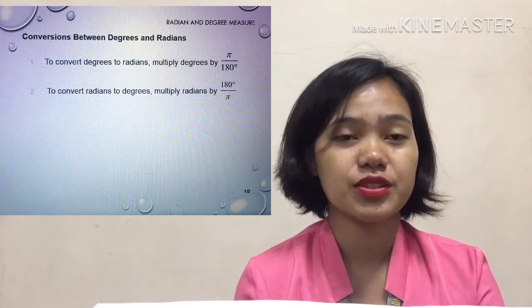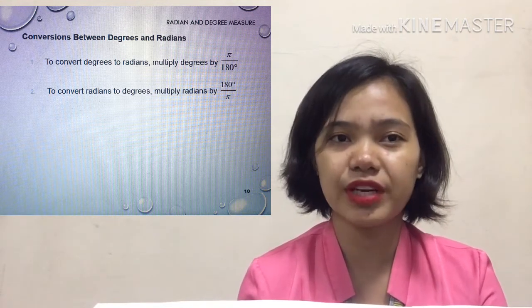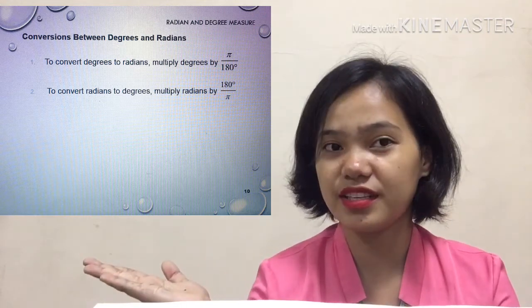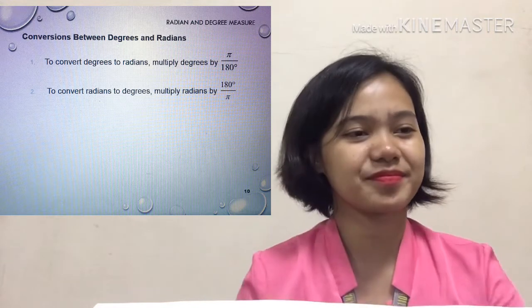To convert radians to degrees, multiply radians by 180 degrees over pi.